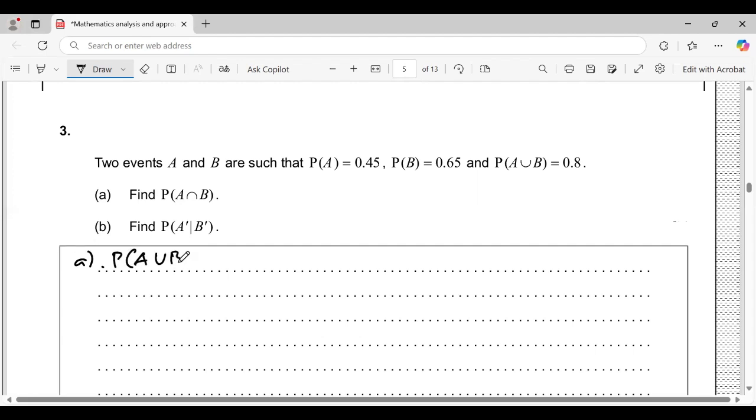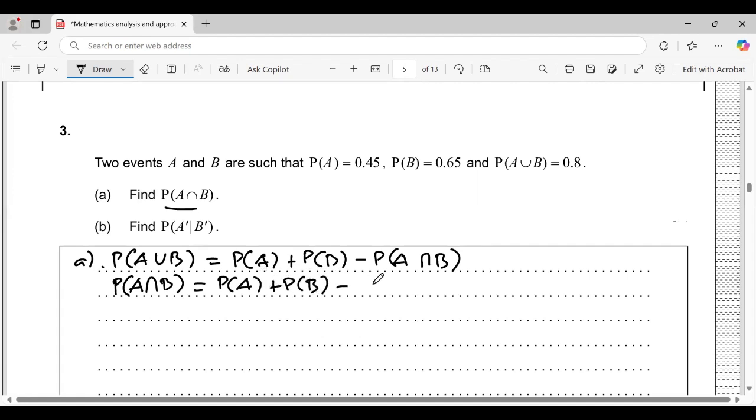Probability A union B equals probability A plus probability B minus probability A intersection B. We're going to find probability A intersection B, so it equals probability A plus probability B minus probability A union B, which is 0.45 plus 0.65 minus 0.8. And if you calculate, the result is 0.3.